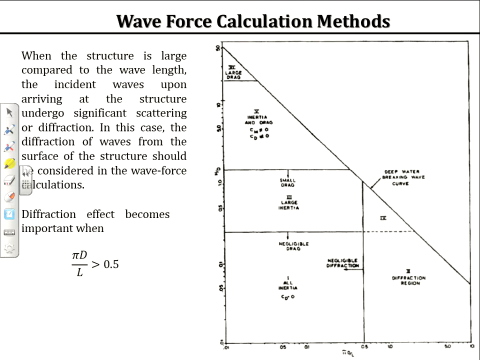But we can divide this case in more detail. That depends on whether we need to do the calculation. The Morison equation only calculates the inline force. It is related to the horizontal velocity, no vertical motion. But the fluid's horizontal velocity can be contributed by wave or by tidal current.